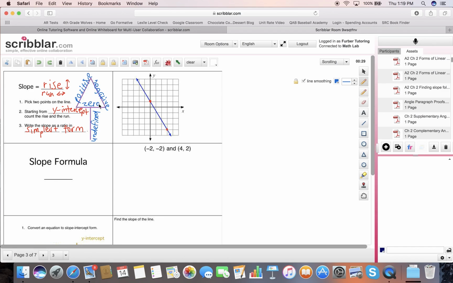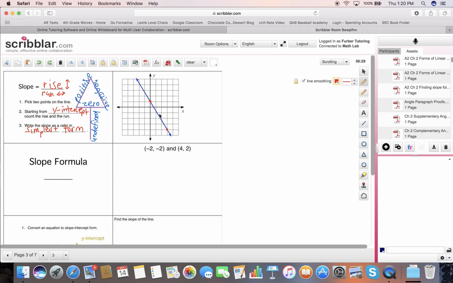Okay, so if it's horizontal, it's a 0 slope. If it's vertical, it's an undefined slope. And we'll talk more about those. We have a whole page that you guys don't have yet, but I'm going to give it to you next week, a whole page on dealing with horizontal and vertical lines. Okay, but let's take care of this example.